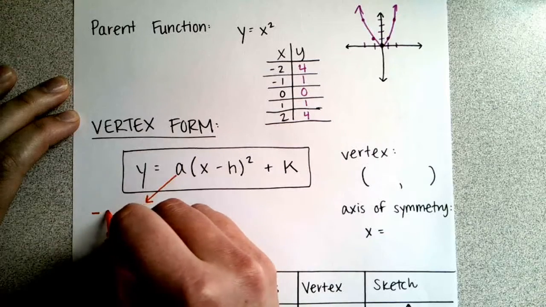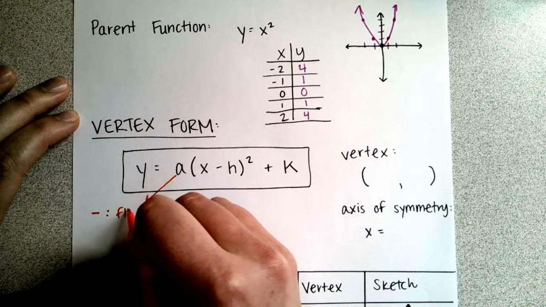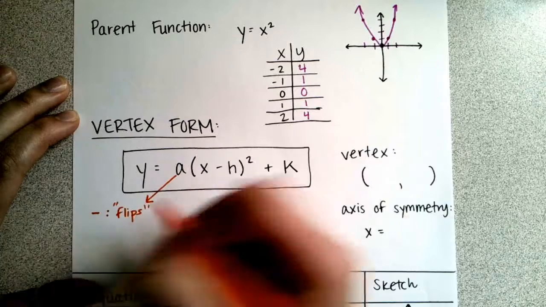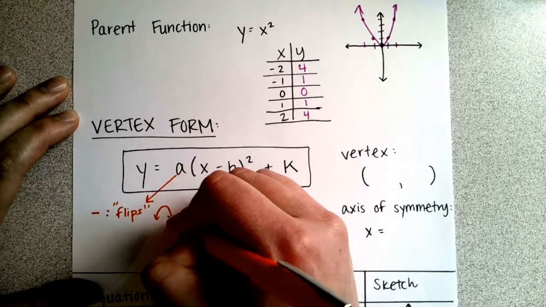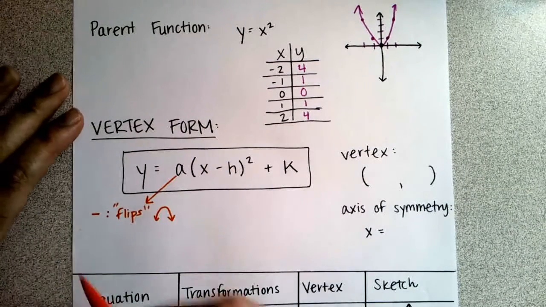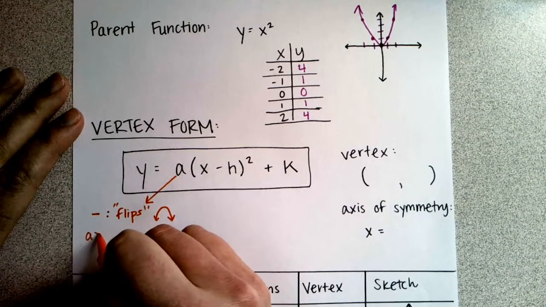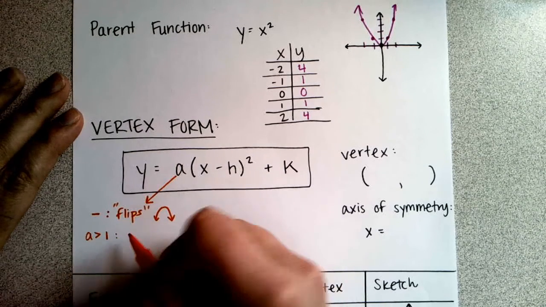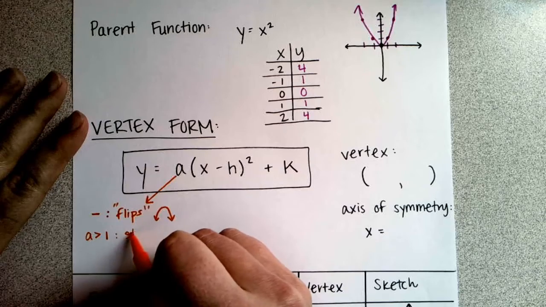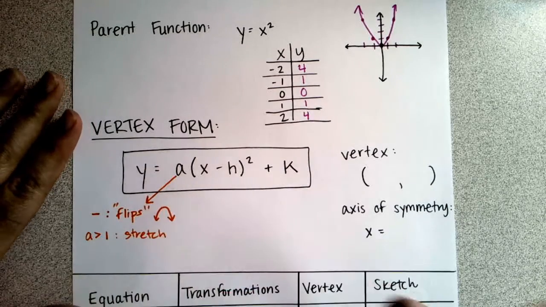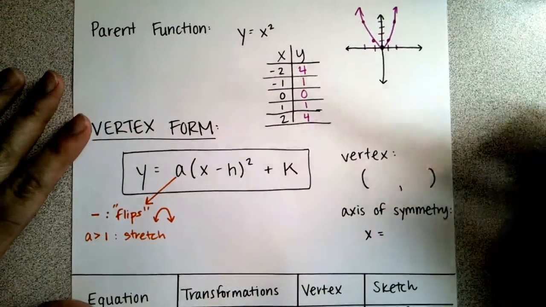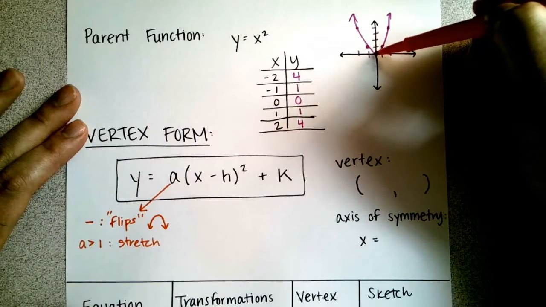So the a value in the front does a couple things. If we have a negative number out front, it flips the parabola to be an upside down shape. If you have an a value that's greater than 1, it stretches the parabola, so it becomes more narrow than our original parent function.